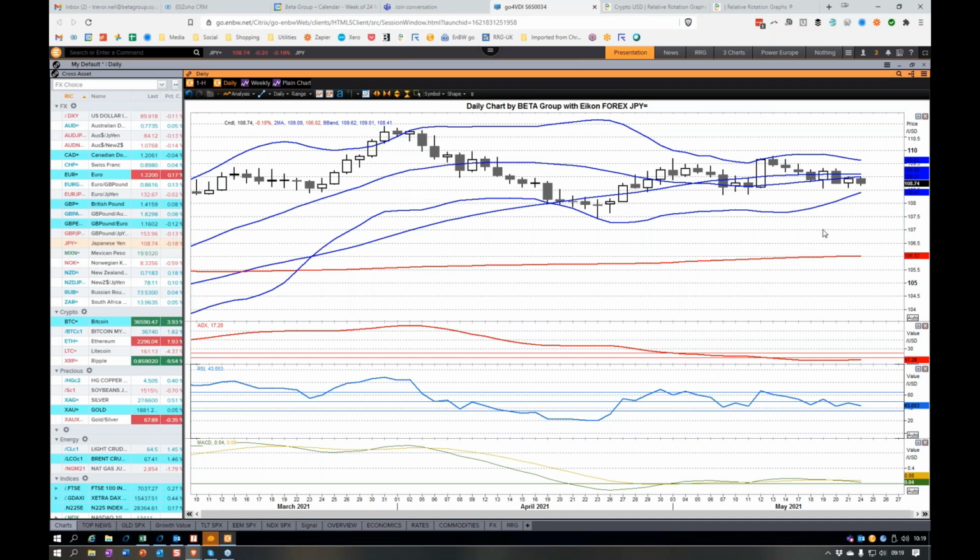This is flat against the dollar, but you could use it as your other leg. So let's say you're long the Canadian dollar versus the US dollar, or Canadian dollar, Japanese yen, or long the British pound, Japanese yen. And it's holding that position by pegging itself to the US dollar there.